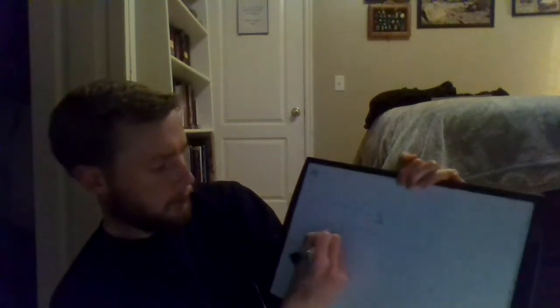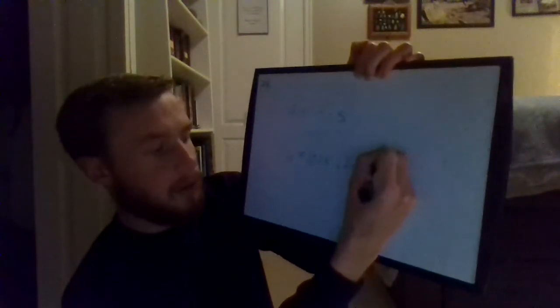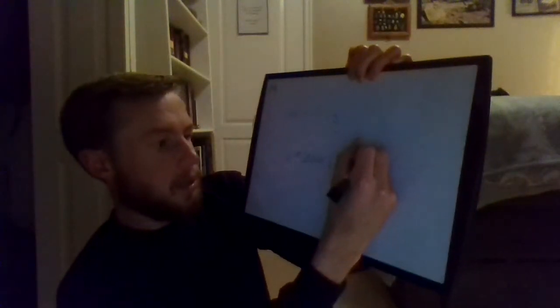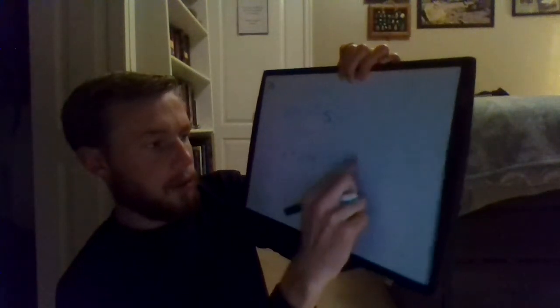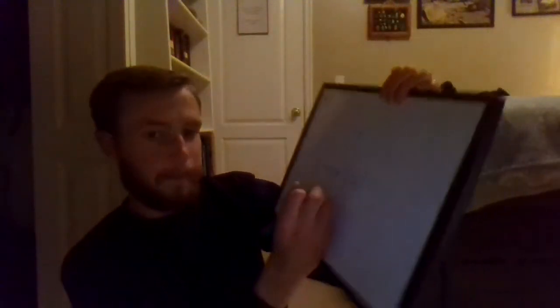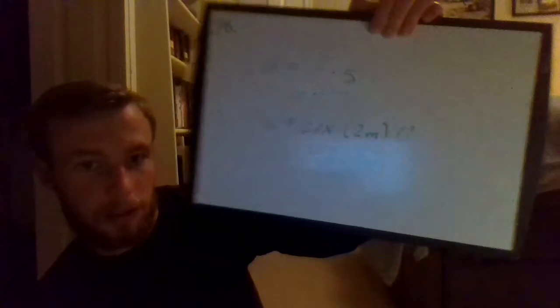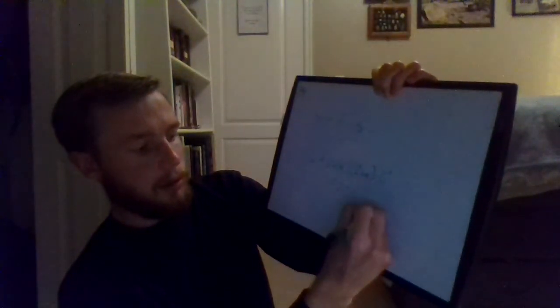We want to substitute 100 N for F, 100 newtons, 2 meters, times cosine of 0 degrees, equals an even 200 joules. And then convert that to kilojoules as 0.2 kilojoules.